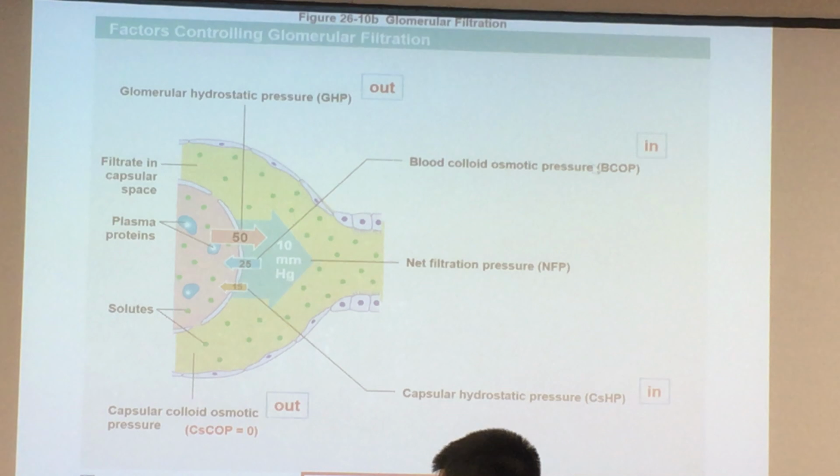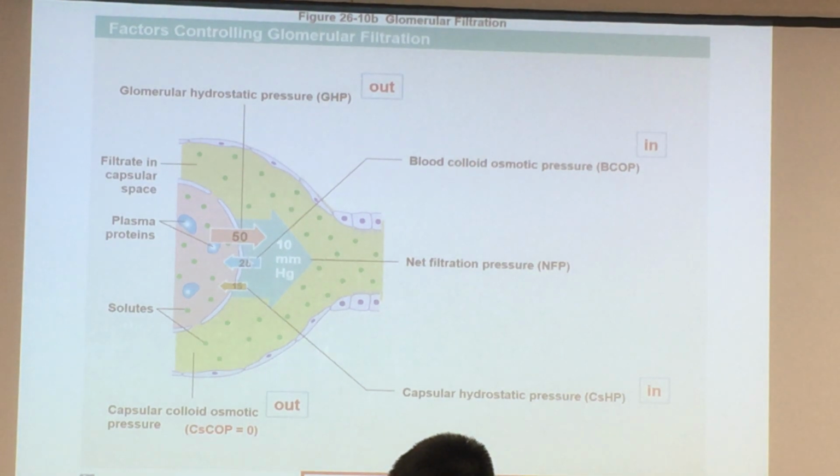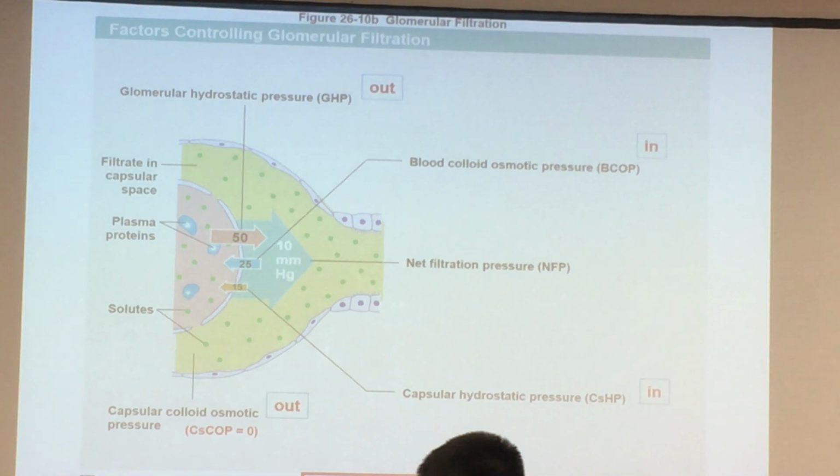Okay, so this one is in. The pressure is 25. And if the capsular space also has some protein, they also can attract the fluid coming out. But the protein is supposed to be 0, so that capsular colloid osmotic pressure is 0.